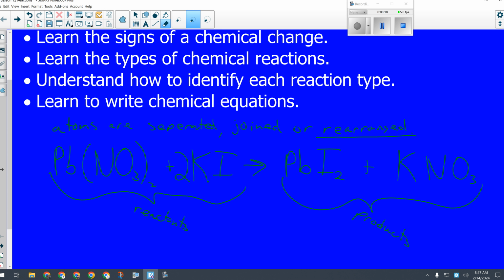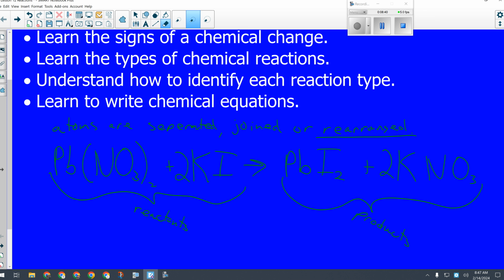So then I must need 2 of these. When I have 2 of those, that not only takes care of the potassium problem, it also takes care of the nitrate problem. Now I'm obeying the law of conservation of matter, or mass.